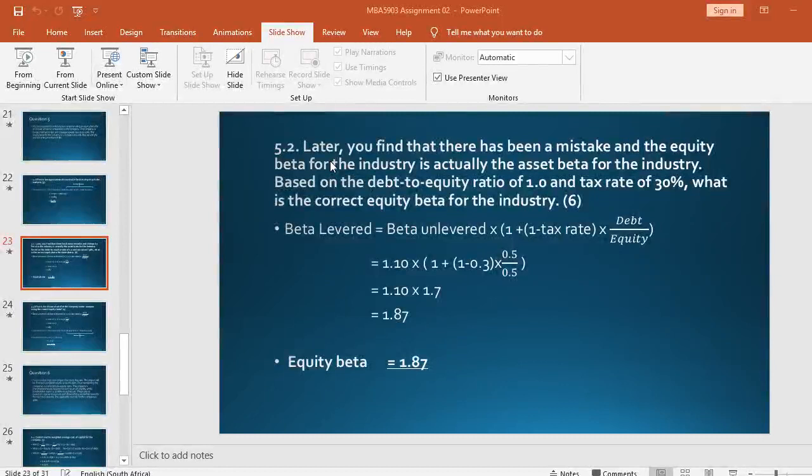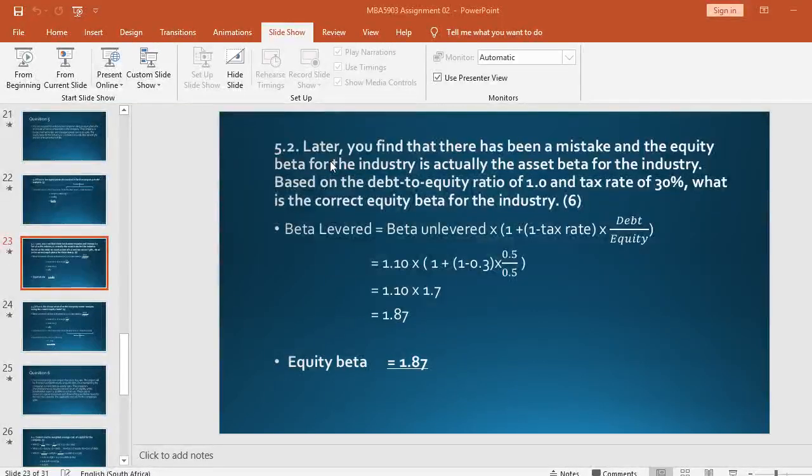And then in this case, since we are converting the asset beta into an equity beta, we'll say beta levered is equal to beta unlevered multiplied by 1 plus 1 minus the tax rate, multiplied by debt over equity.